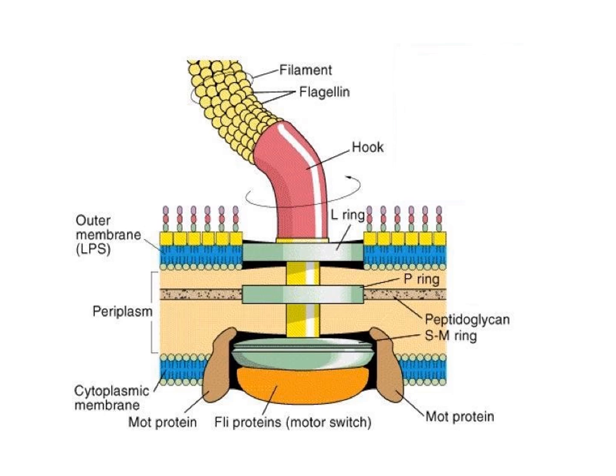Structure of bacterial flagella. Now we can see the structure of the flagellum. The bacterial flagellum consists of three main parts. First is the basal body, the most complex region.